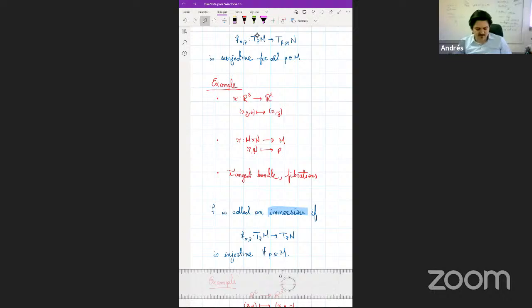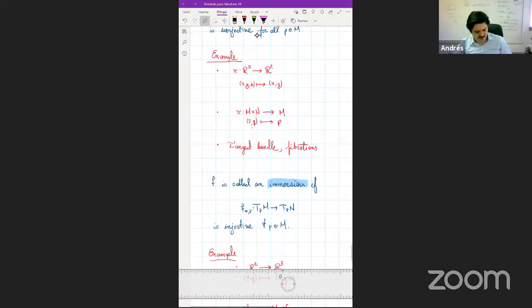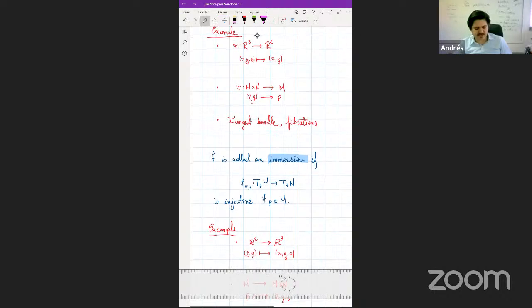An example of immersions we have seen also in the last class, the inclusion. Remember that we saw this example last time. ddx at the point x comma y maps also to ddx, but now in the point x comma y comma 0.